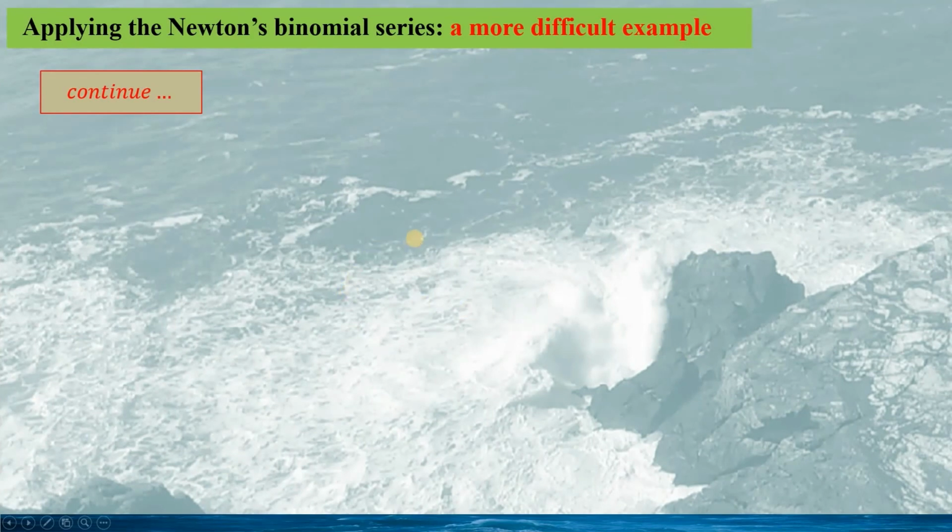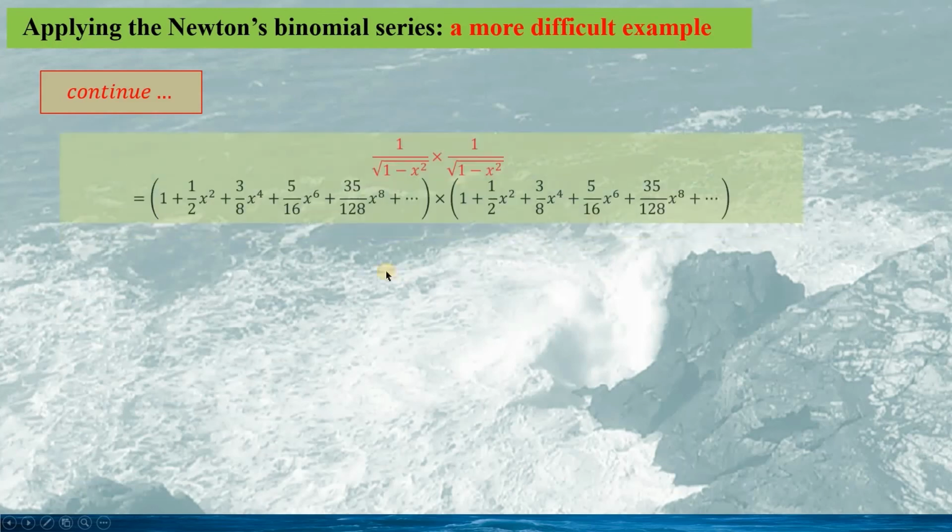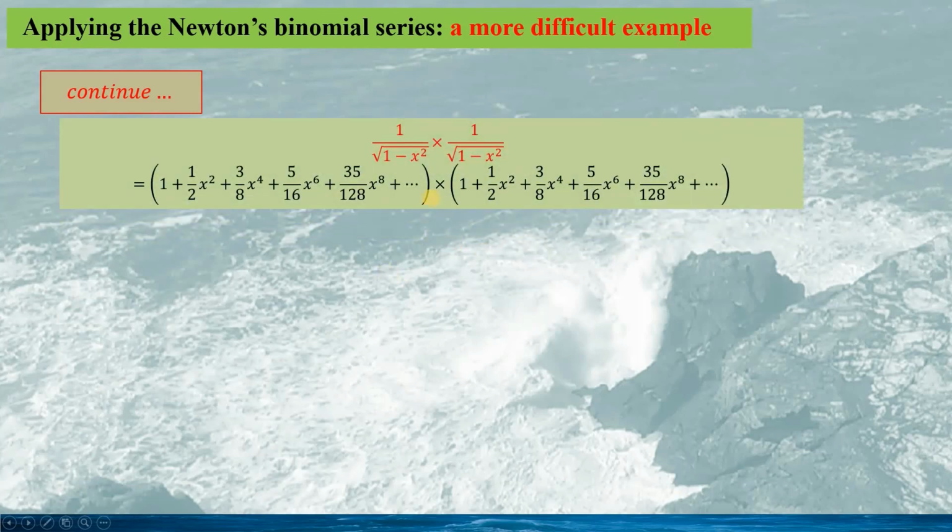In this slide, we are going to use a very simple way to examine whether the binomial series is correct or not. The way we prove it is to multiply the binomial function by itself and the binomial series by itself, given as this.